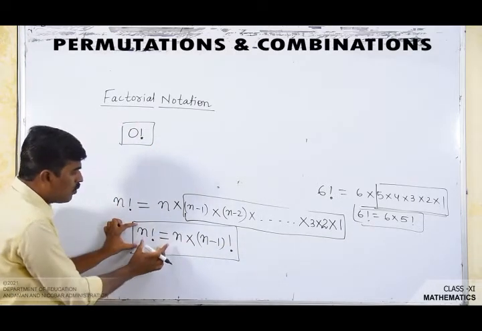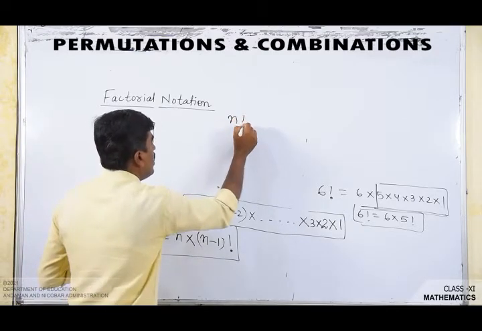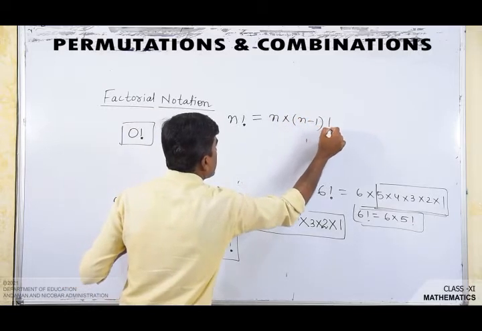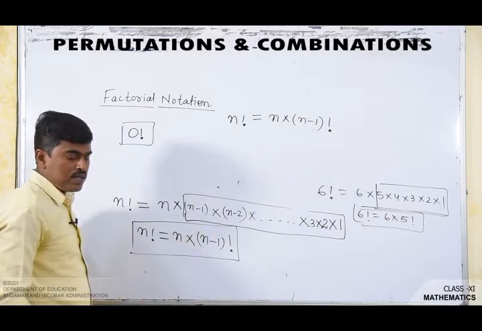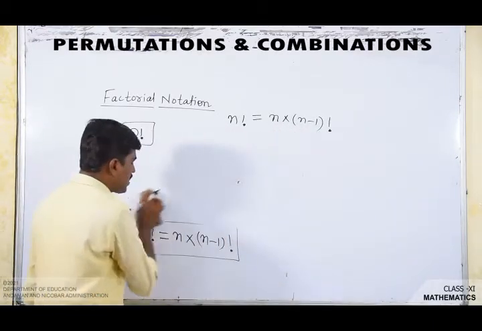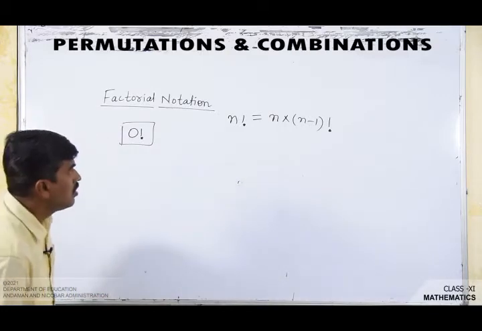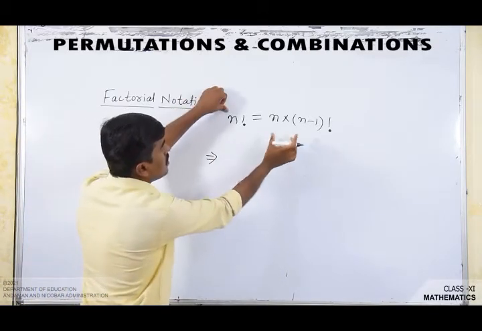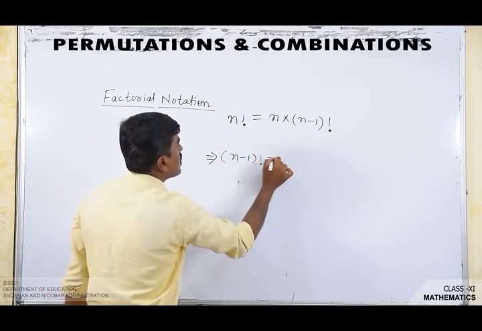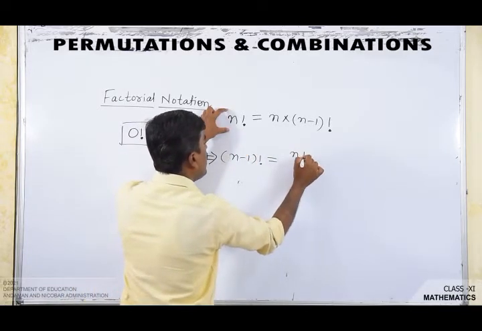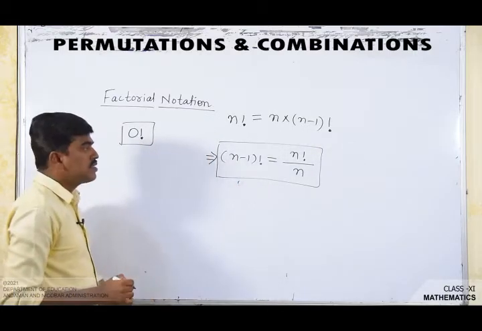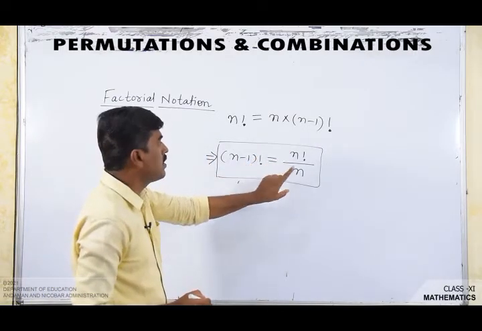Now we have one result, that is n factorial is equal to n into n minus 1 whole factorial, where n is a natural number. Clear? Now how to find 0 factorial using this result? From this result, n minus 1 factorial can be written as n factorial divided by n. N minus 1 factorial is equal to n factorial divided by n.